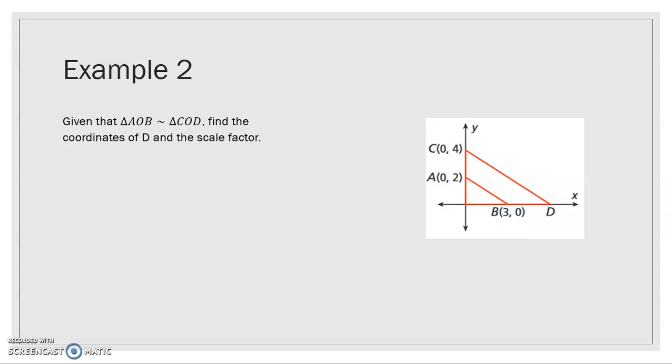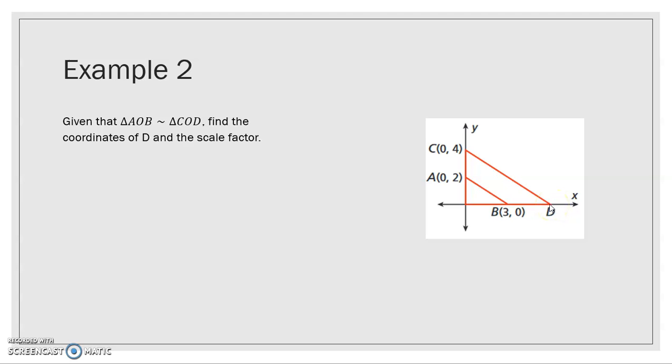Okay, so in example 2, it says, given that triangle AOB is similar to triangle COD, find the coordinates of D and the scale factor. So notice what they've done. They've told us that the smaller triangle here is similar to the bigger triangle. And they want us to actually find out where D is.